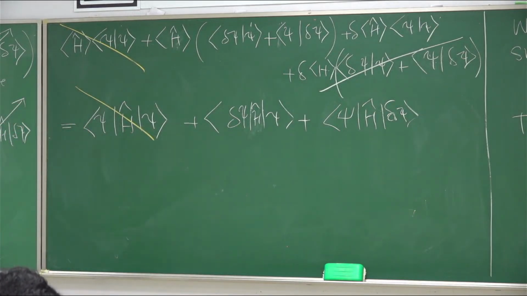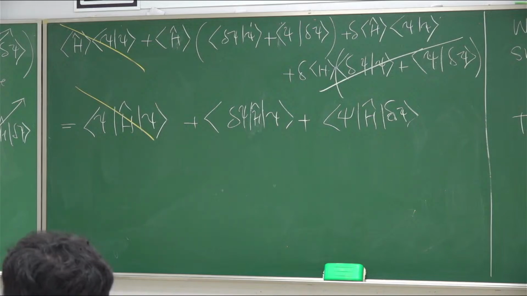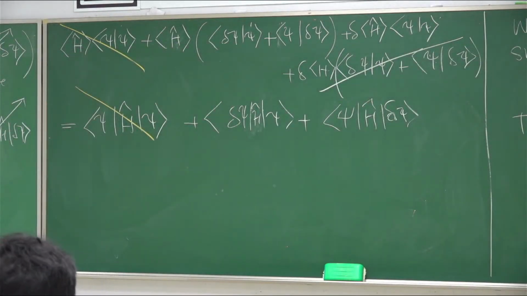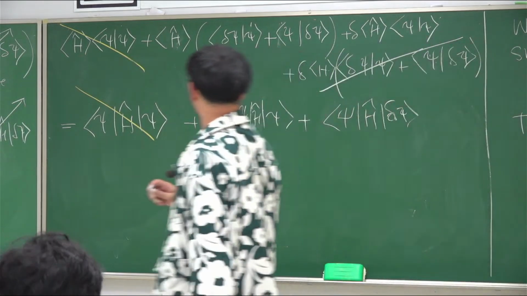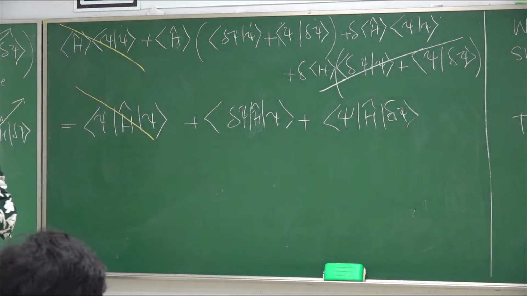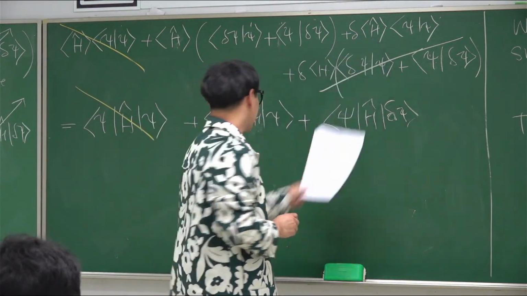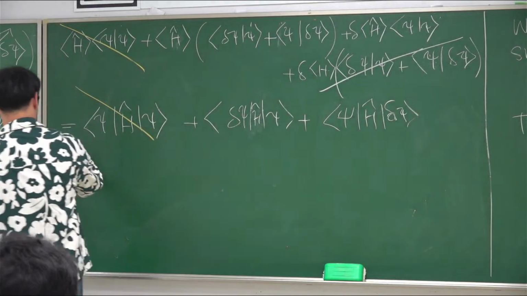Because they are the same. Okay. Right, by this definition. Right. Okay. So now you could solve for this delta expectation value of the H.